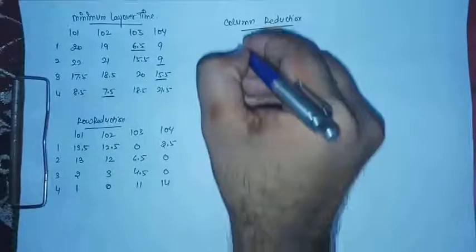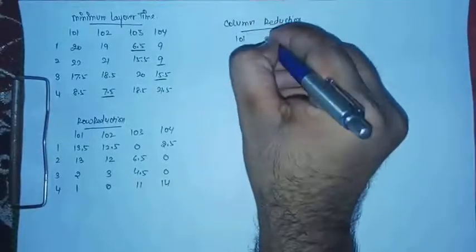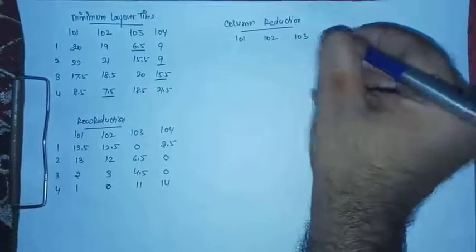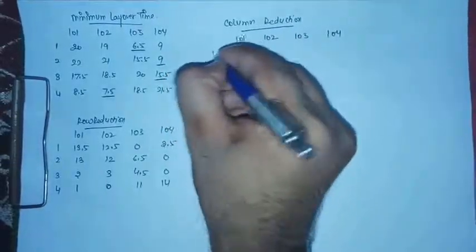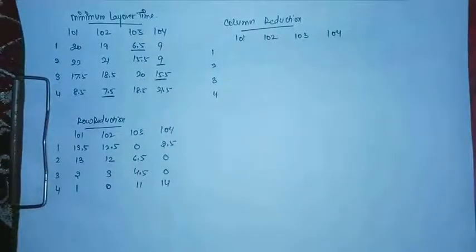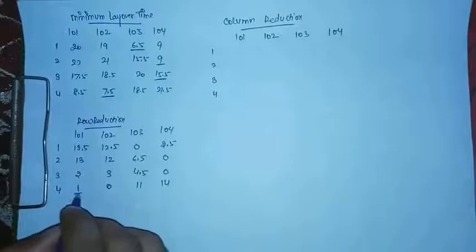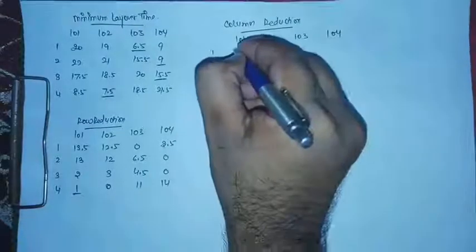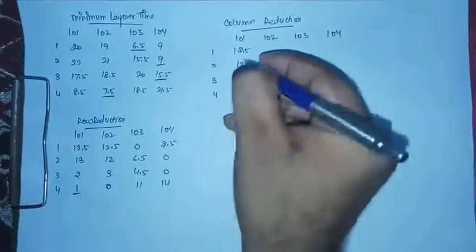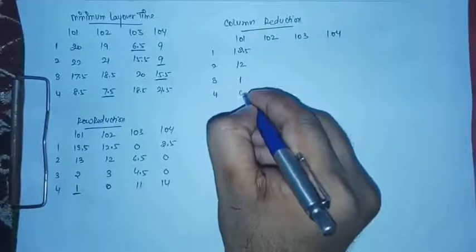So column reduction: 101, 102, 103, 104, and 1, 2, 3, 4. Okay, the smallest element in column number 1 is 1. 12.5. 13 minus 1, 12. 1, 0.